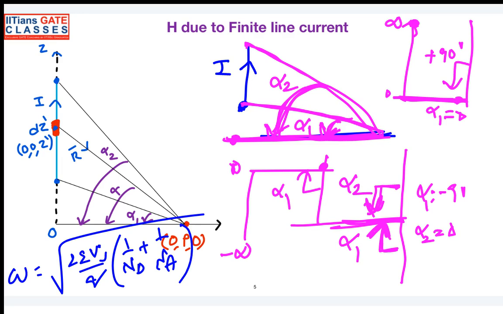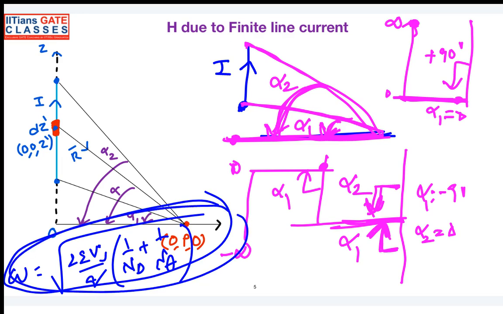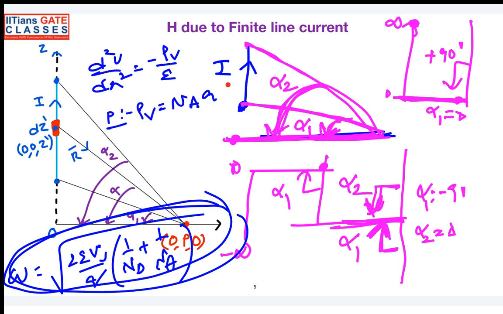So he is directly going to tell you the formula. But the concept in the question, I already told you how to derive that. That is d squared V by dx squared is equal to minus rho v by epsilon. When you are on the p side, your rho v will be equal to Na into q. And when you are on the n side, it will be donor atoms into q. So that concept will be written in EDC, but not much.